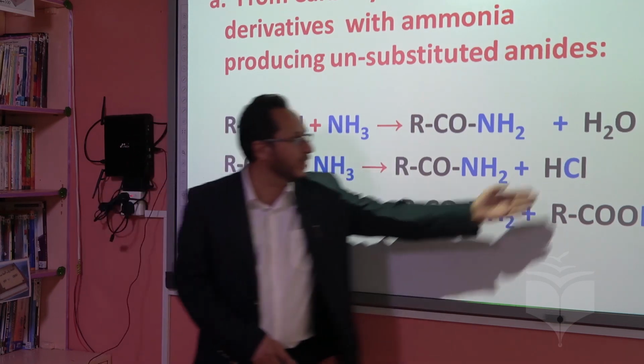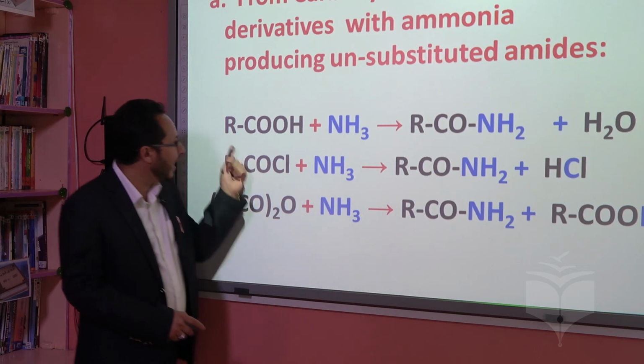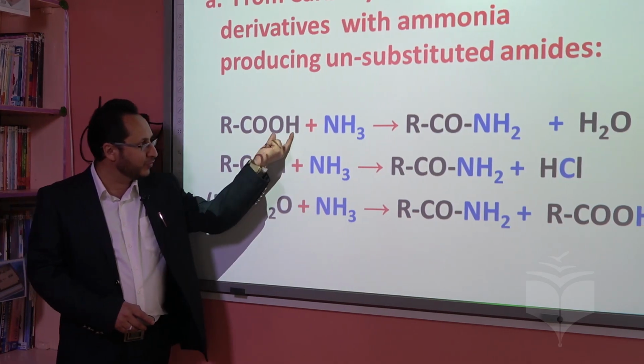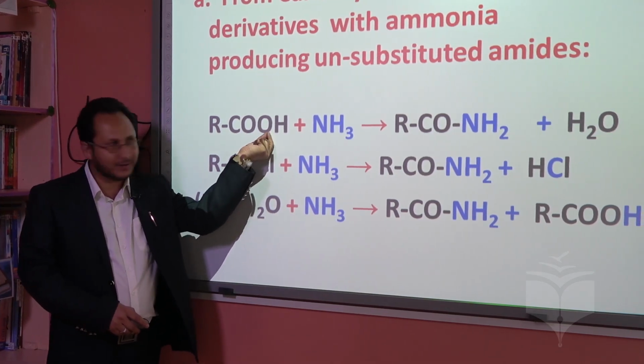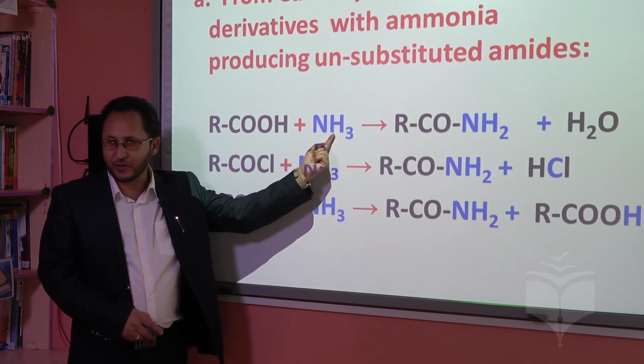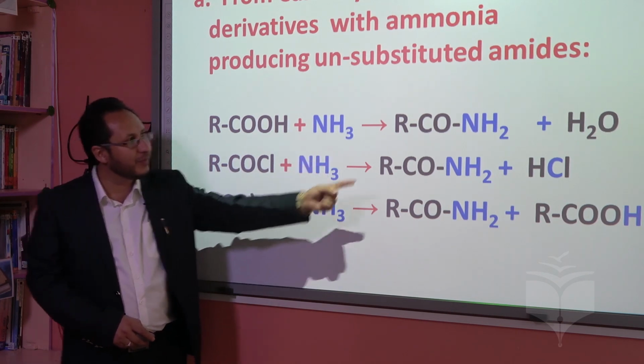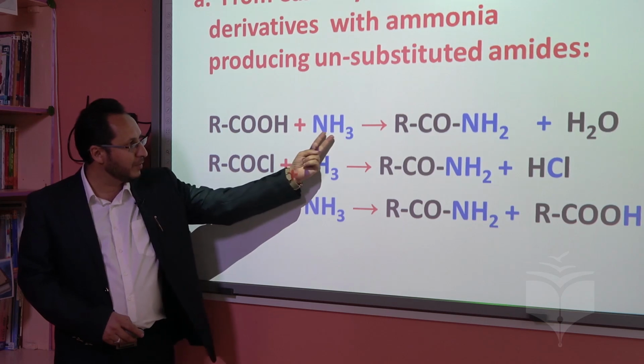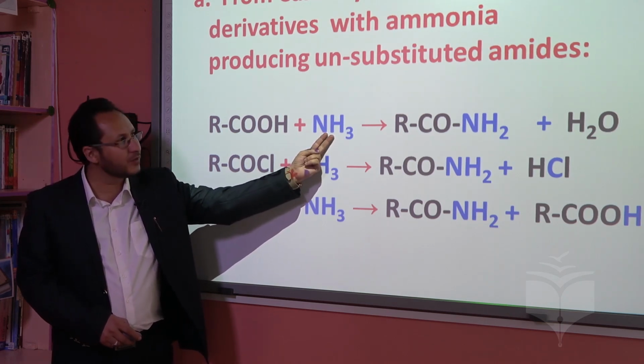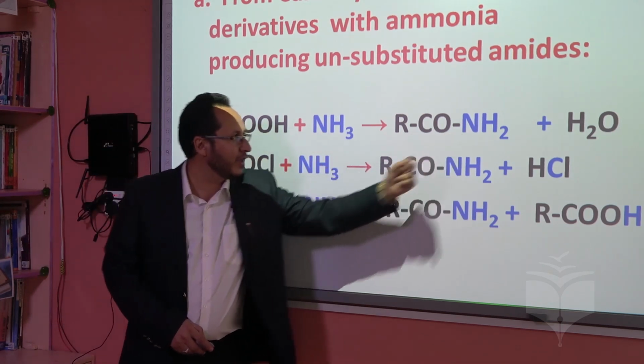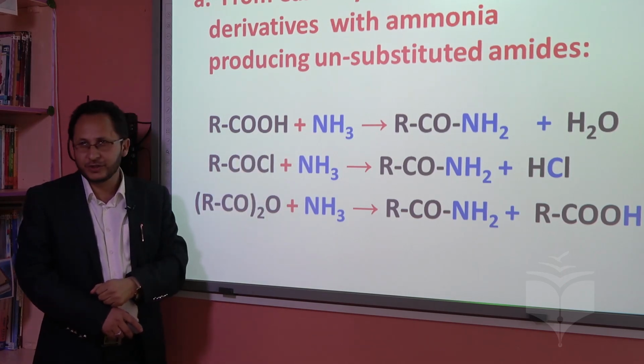The difference is only the side product. If we have carboxylic acid, we have to remove OH from the acid and H from the ammonia, and remove them as H2O. What remains here? Two hydrogen atoms. You have to put them instead of OH.